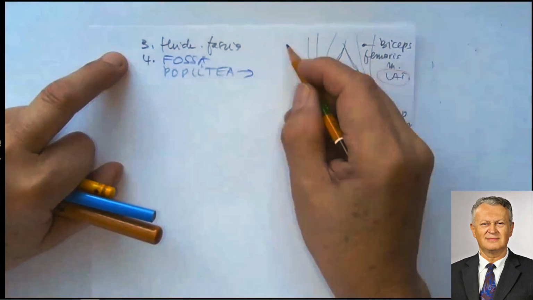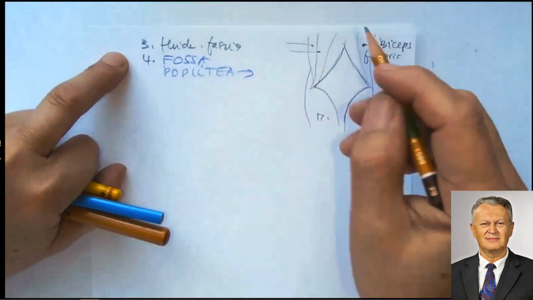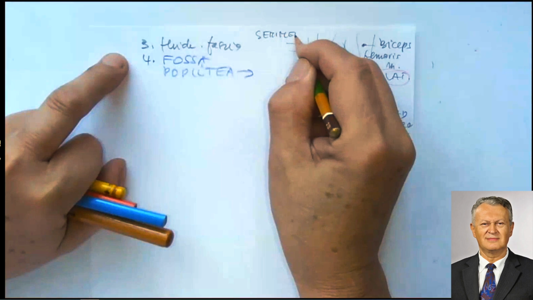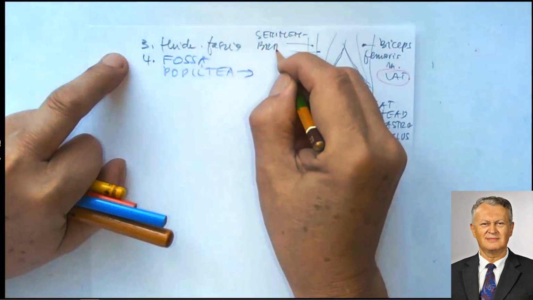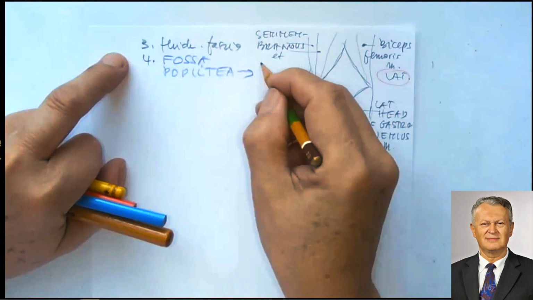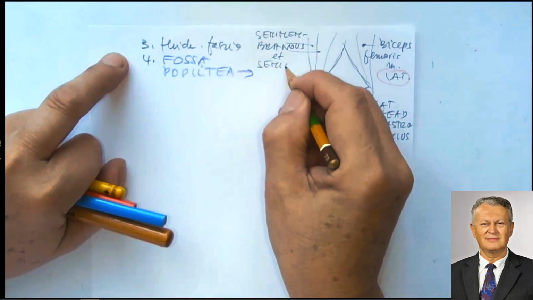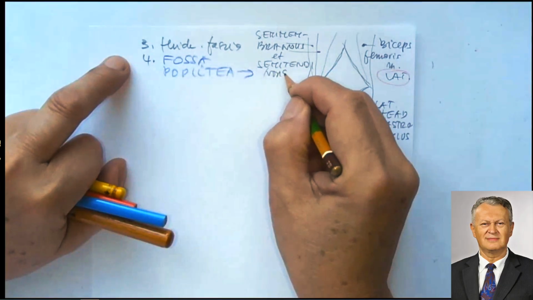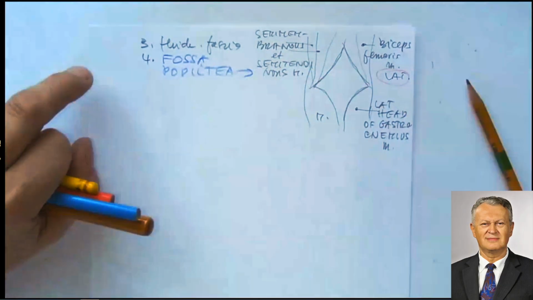And then on this side we have two muscles. This is the semimembranosus and semitendinosus muscles. Fine.